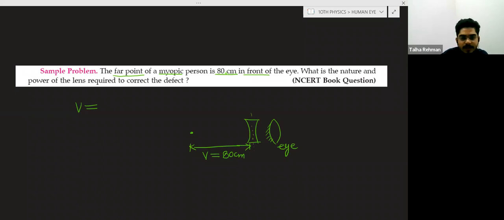This is in front of the lens, so we will take this as negative, minus 80 centimeter.